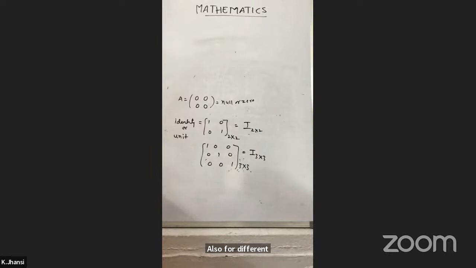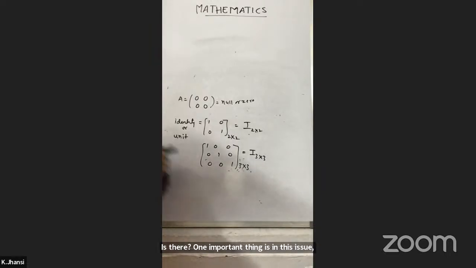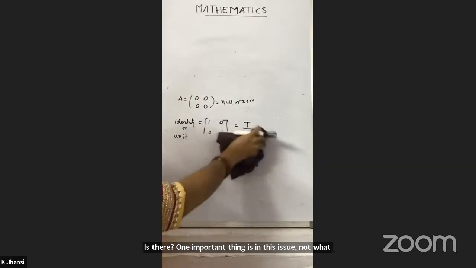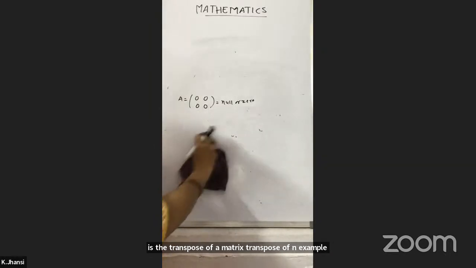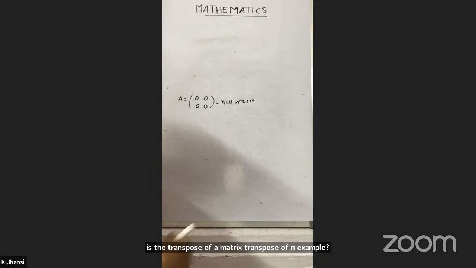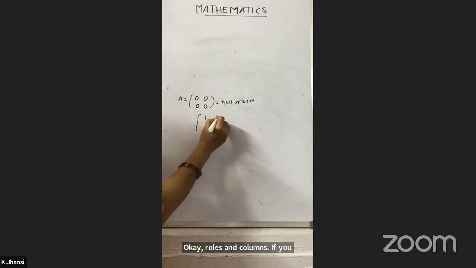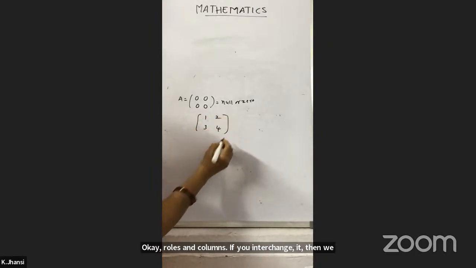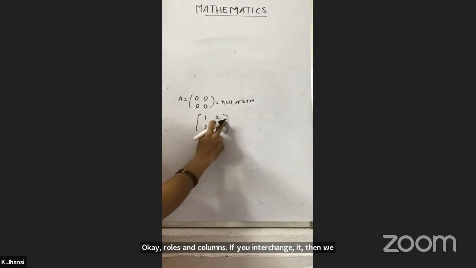Next, skew matrix is there. Symmetric matrix is there. Unsymmetric matrix is there. One important thing is, you should know what is the transpose of a matrix. Transpose of a matrix means, if you interchange rows and columns, then we call it the transpose of the matrix. So this is the first row, second row.